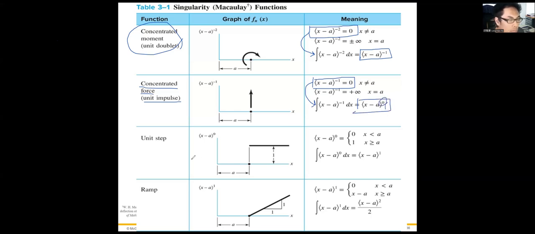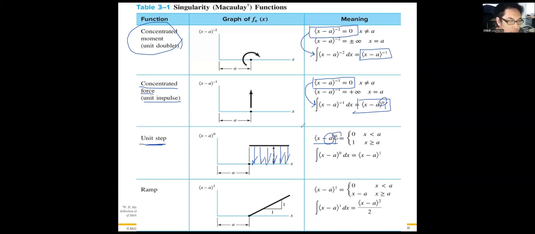And if this beam is subjected to a distributed load with a unit step function, it should be regarded like this. Its singularity function is x minus a, where a is the distance from the start point of the distributed load, to the power of 0, right?